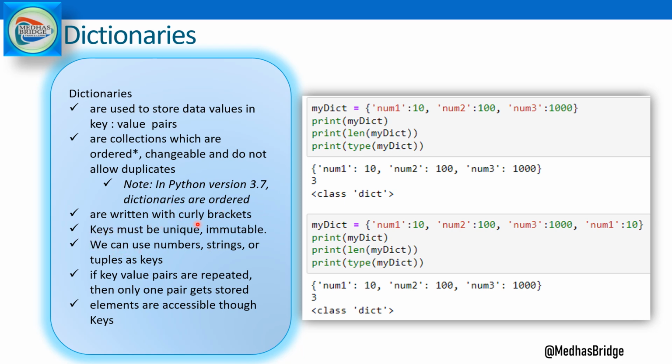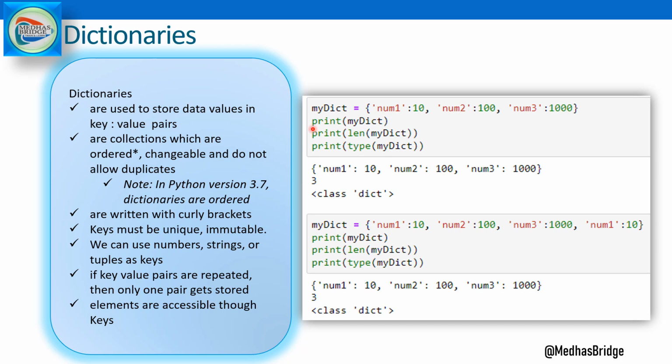Dictionaries are written with curly brackets. Keys must be unique and immutable. We can use numbers, strings or tuples as keys. If key value pairs are repeated, then only one pair gets stored. Elements are accessible through keys.